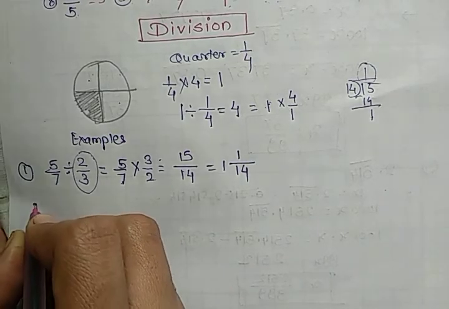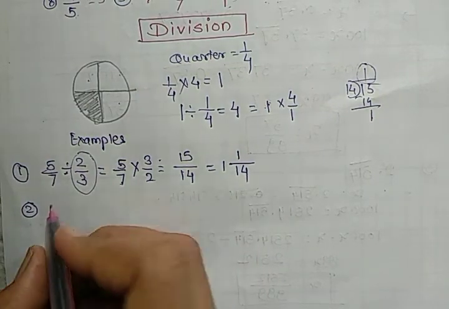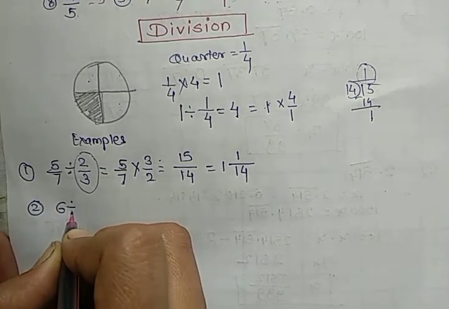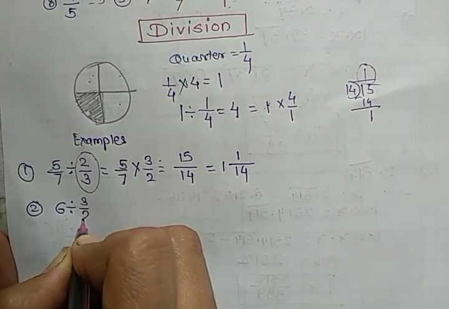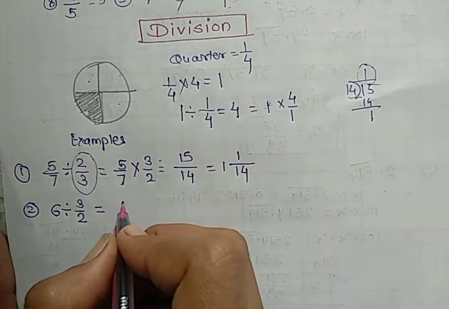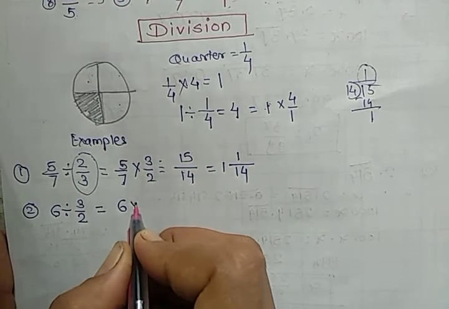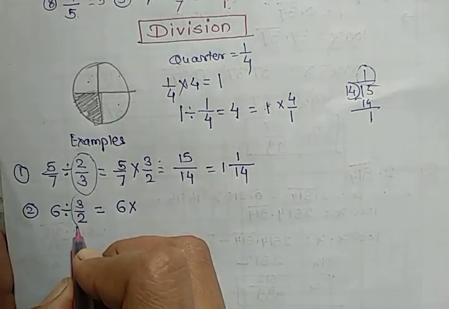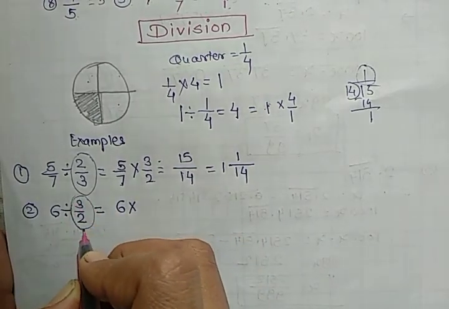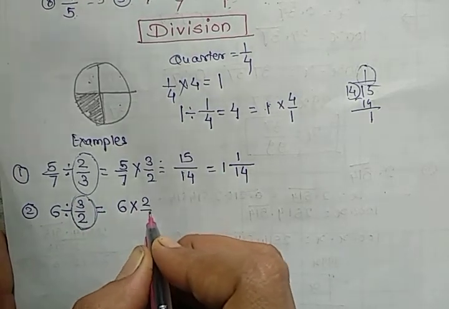Let's see the second example. Example number 2. 6 divided by 3/2. Let's write 6 as it is. Convert this division into multiplication and write the multiplicative inverse of the second fraction, that is 2/3.